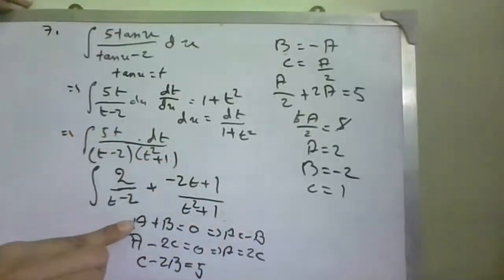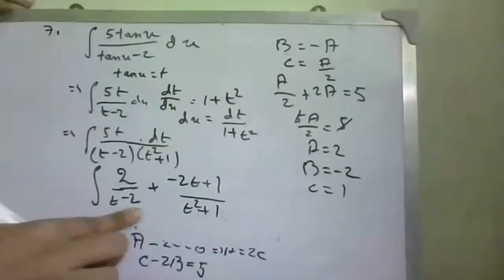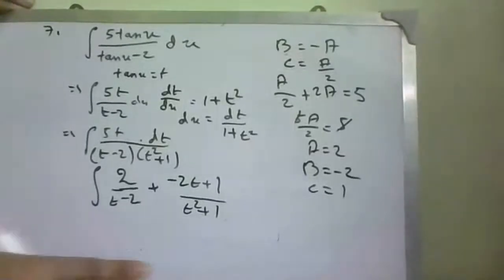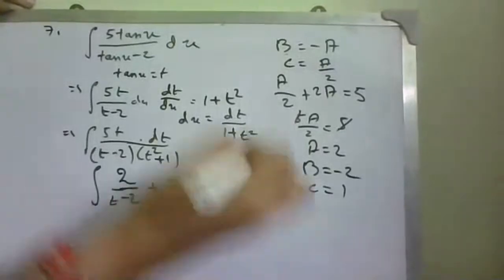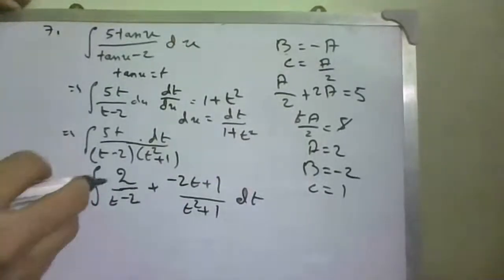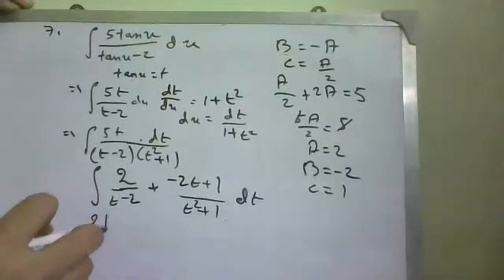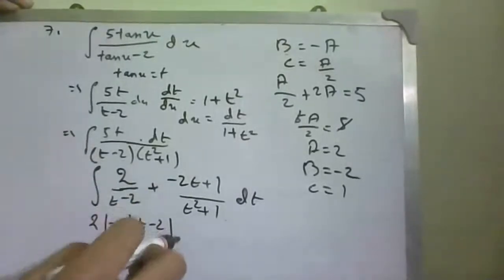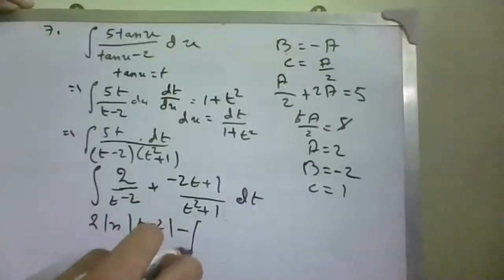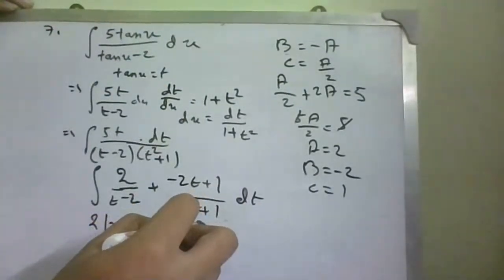And basically we need to integrate this, which is again pretty trivial. Integration of this thing is nothing but 2 times the natural log of t minus 2, minus, we can just take the minus out of here.